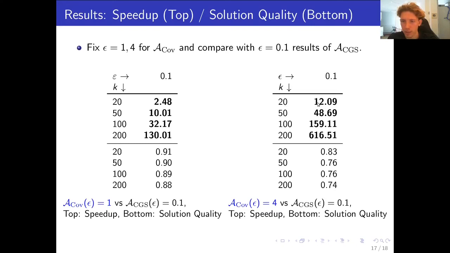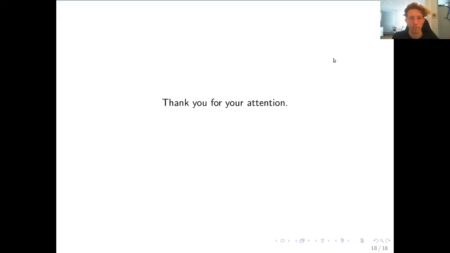For k equals 20, 12 times faster, k equals 50, about 50 times faster, k equals 100, 159 times faster, and for k equals 200, we're 600 times faster. So yeah, that's interesting. Thank you for your attention.